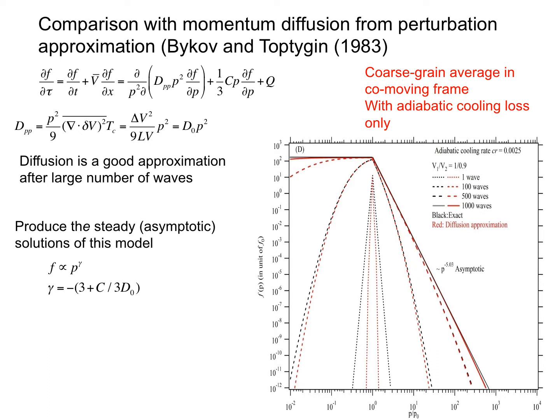With this, the accelerated particle spectrum will develop into a power law. The power law depends on the ratio of adiabatic cooling to the momentum diffusion rate.